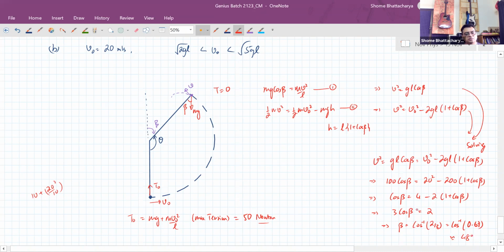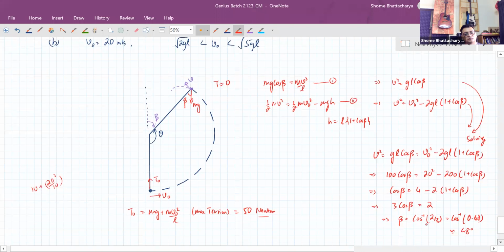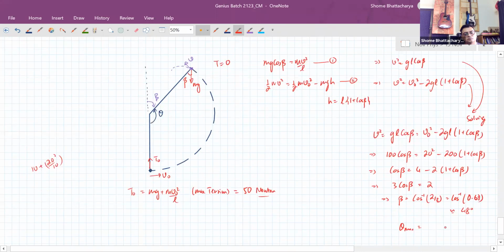So now you can see that the maximum theta is about 132 degrees.